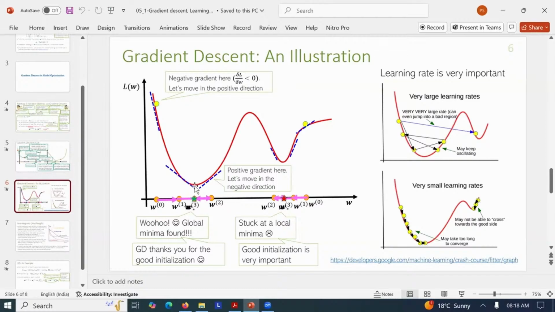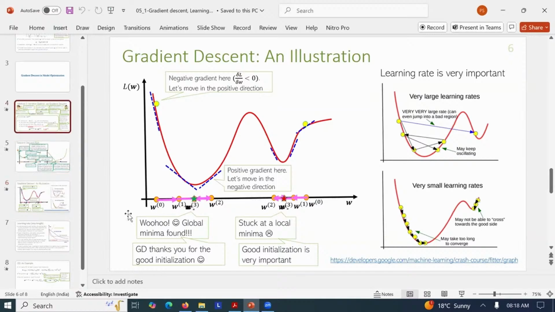If, let's say, at this minima position, then the gradient will be 0. Or if you are within this local region, then the gradient will be very small, close to 0. So if you have reached this position, then the gradient will be 0 or nearly 0.